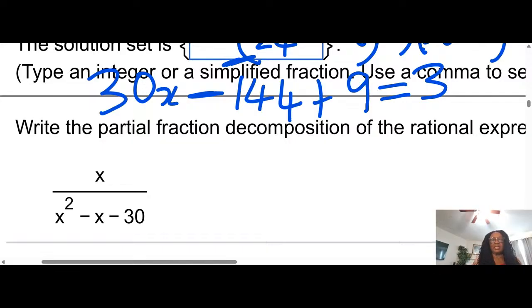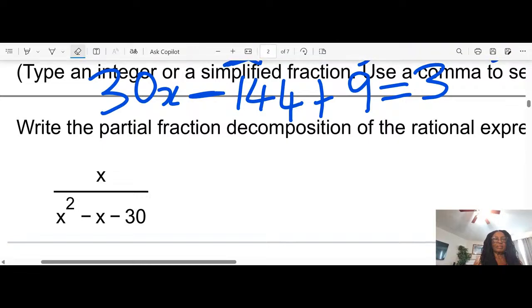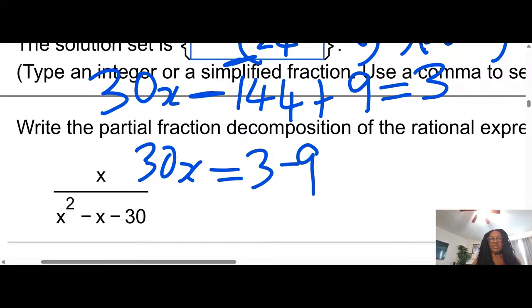So I have 30x. Move all the constants to the right. So I have 3 minus 9, because 9 is positive, plus 144. And then we can simplify that.